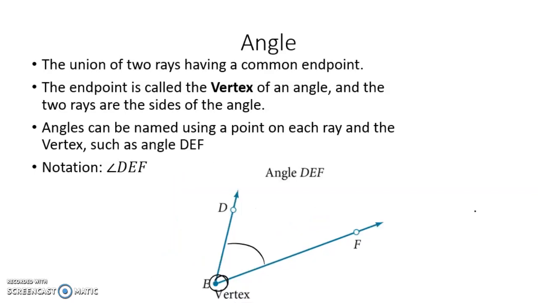So in this case, we've got D, E, and F, so we can name this angle DEF. And this right here is the symbol used to state that we're talking about an angle. Sometimes you'll see it like this as well. That's another symbol you'll see when referring to an angle.